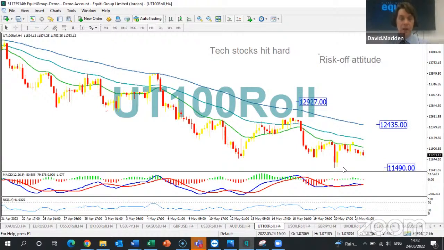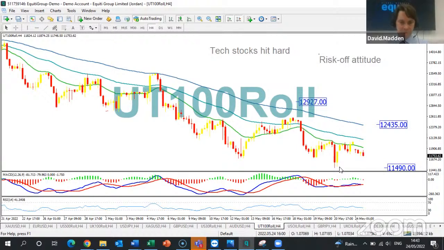Who knows? It might even be another large rate hike of 50 basis points. With that, we've seen an aggressive move lower in US stocks, and in particular US tech stocks. It was only last Friday the US 500 fell to its lowest level in 15 months. In 18 months, really, which really highlights how bearish sentiment is.